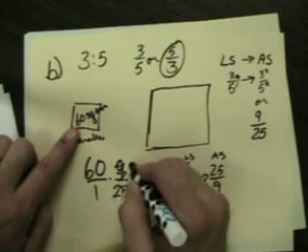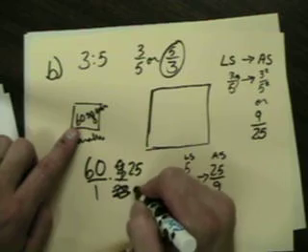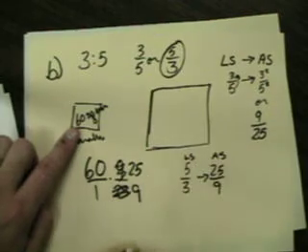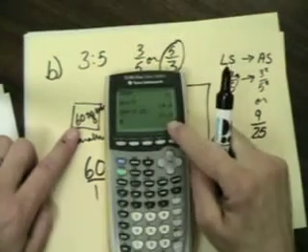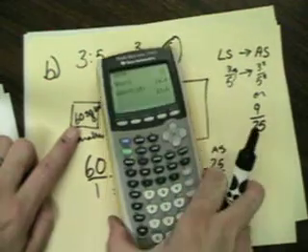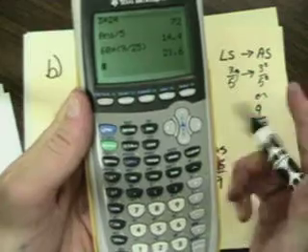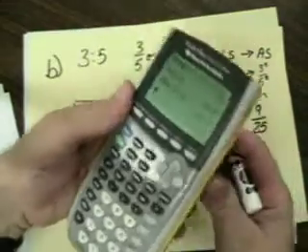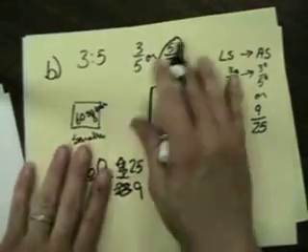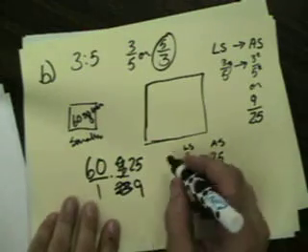Let's do that. The reason I knew that the number I got, 21.6 on the calculator, was wrong is that if I was going from the smaller to the larger, it didn't make sense. So I just checked to make sure I was using the correct representation of the scale factor.